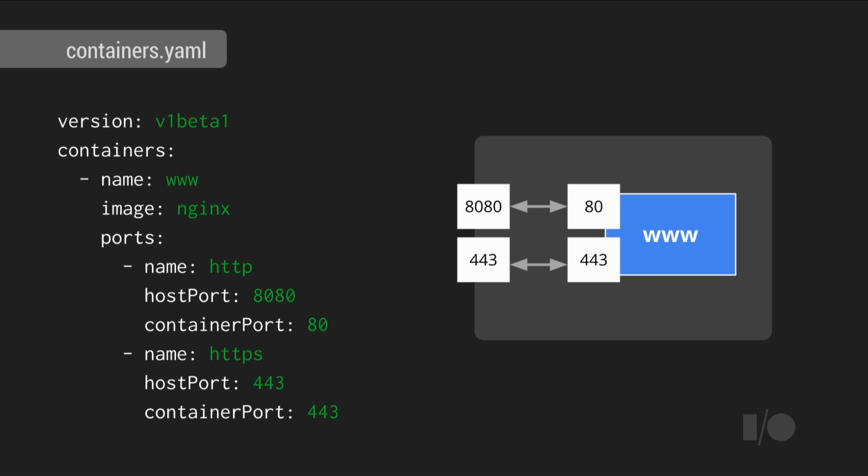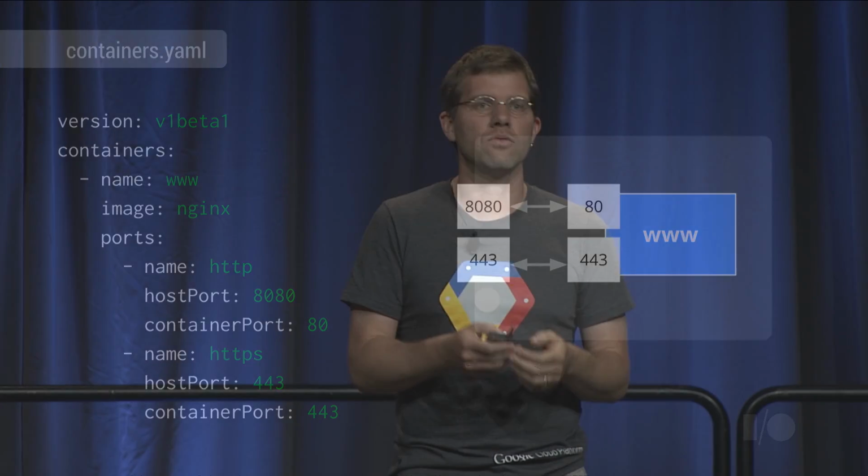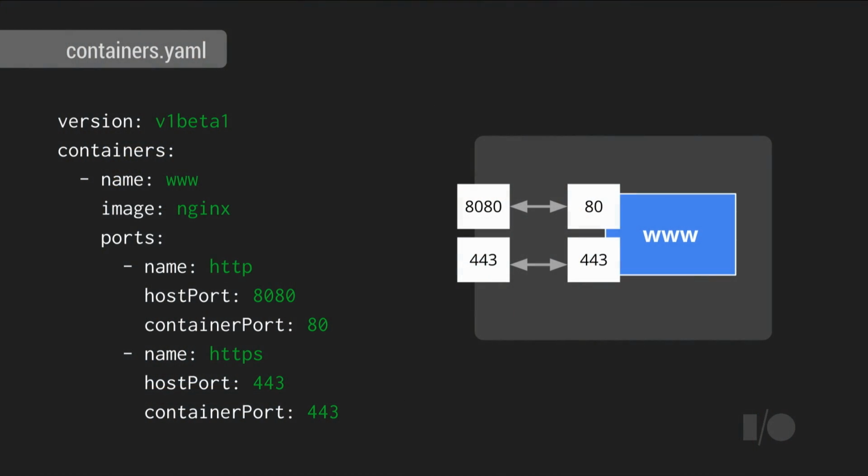And again, Craig mentioned that introspection is a big part of why we like containers. And ports are a great example of why this introspection is valuable. So I can actually walk up to this VM now, and rather than just treating it as a black box operating system, where in order to understand what software is running on it, I might need to run an invasive tool like a port scan or anything else like that, in our UI, we can actually walk up to this VM and see, aha, they're running a web server, they're running an HTTPS server.